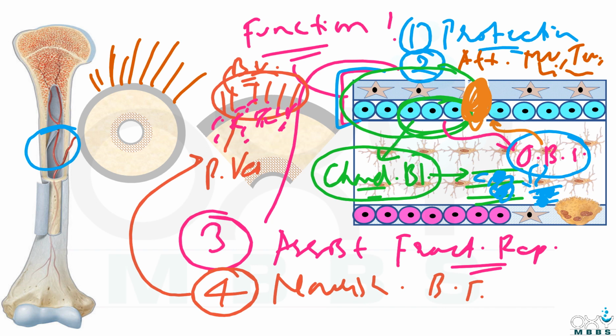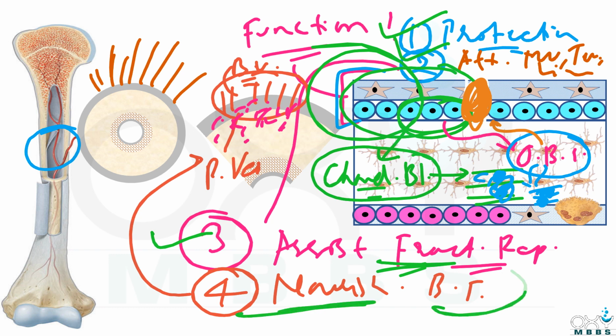So friends, again, what are the functions of the periosteum? First function is protection of the bone. Second is an attachment site for the muscles, tendons and ligaments. Third, it assists in fracture repair. And fourth, it provides nourishment to the bone tissue.